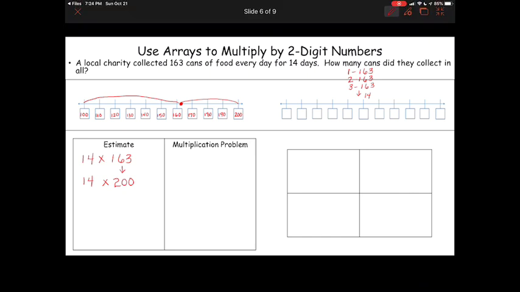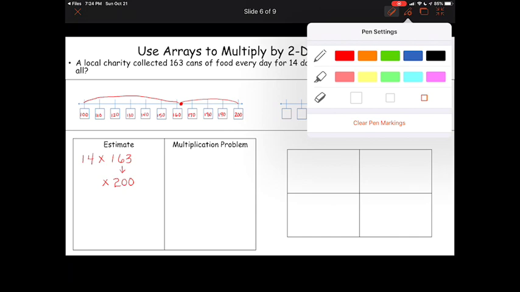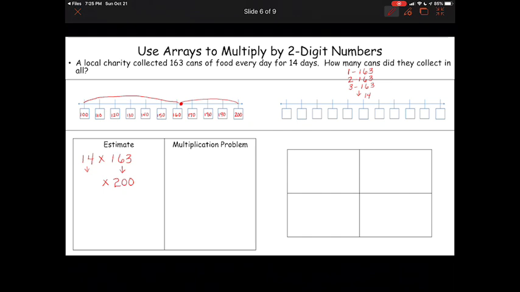And 14 is between 10 and 20, and it is closest to 10. Basic fact, 1 times 2, which is 2, and there are 1, 2, 3 zeros in my factors, 1, 2, 3 zeros in my product. My estimated answer is that they collected about 2,000 cans.